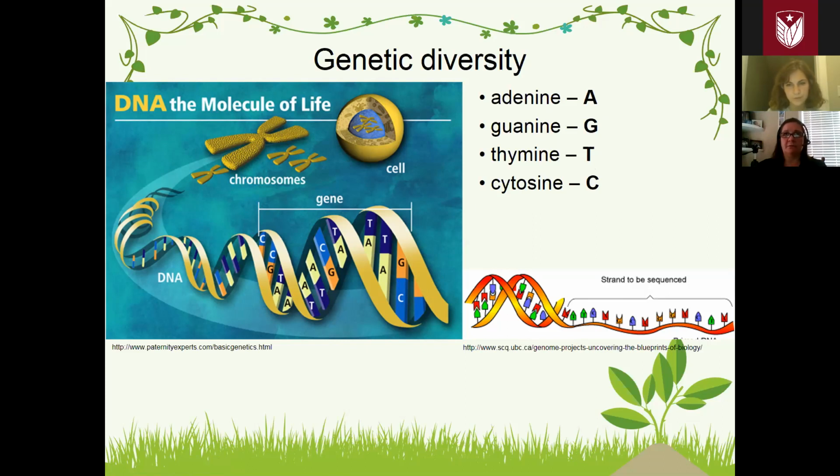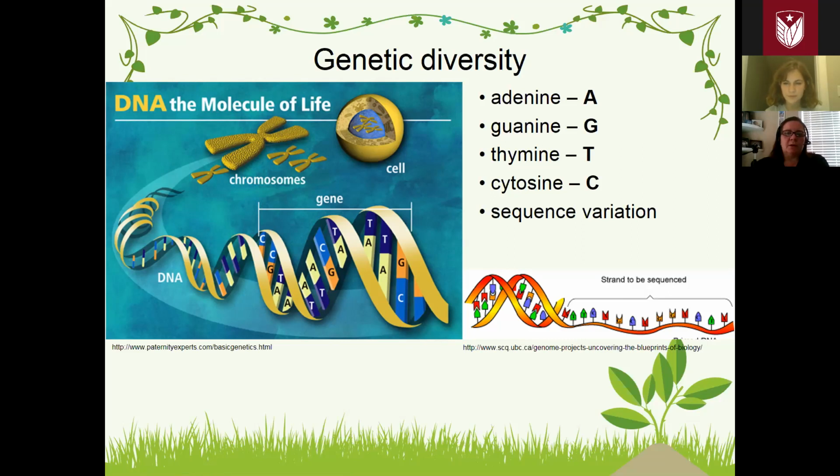Humans have about 3 billion of them in our genome, and every human has a slightly different genetic sequence than any other human, and certainly the farther away we get from other organisms, the more different that genetic sequence is.